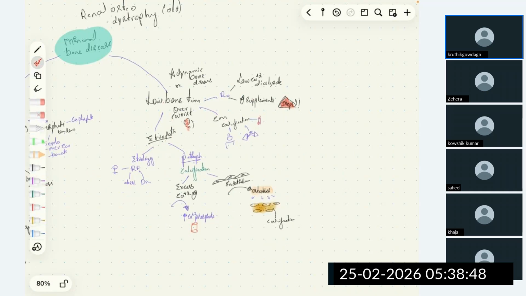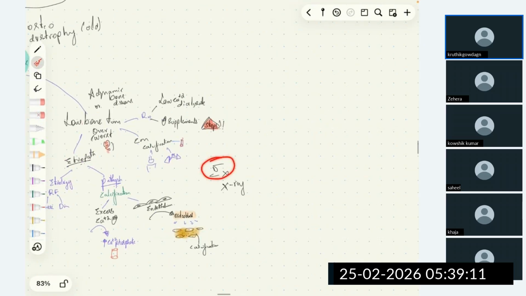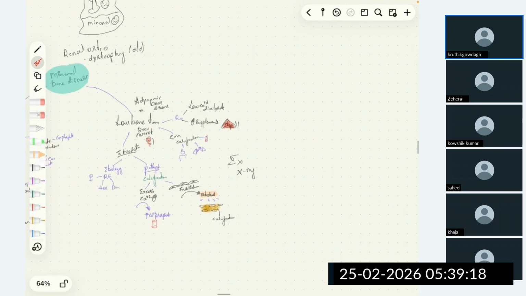We can see the periarterial calcifications, calcification occurring in the pulmonary system, lungs, and also periarticular calcification, which will be visible on X-ray. We can also estimate serum levels where the calcium level will be increased.